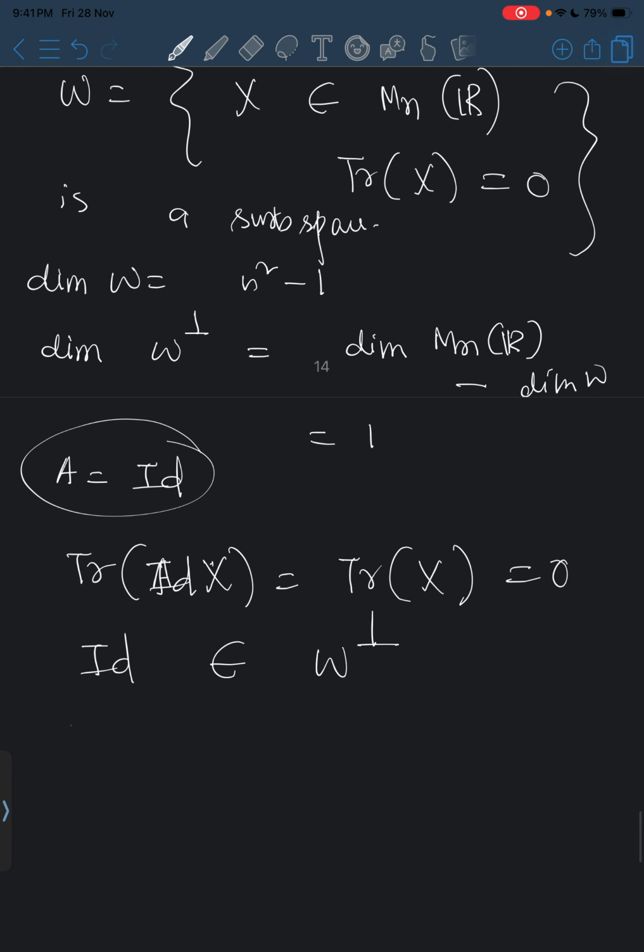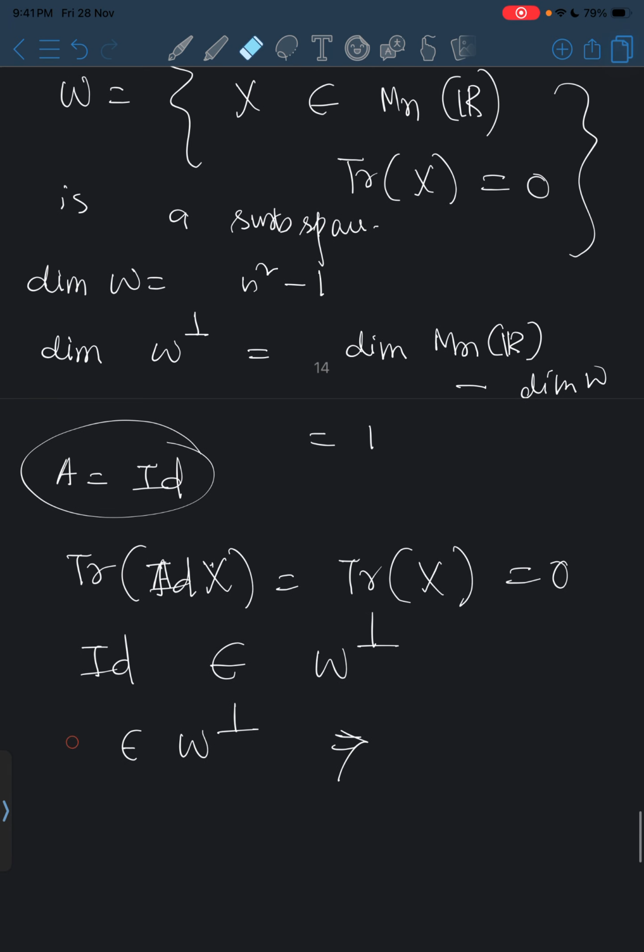Then any M in the orthogonal complement implies M equals a scalar multiple of the identity matrix, because they are linearly dependent, because this W perp is 1 dimensional. So any vector in W perp must be a scalar multiple of identity.